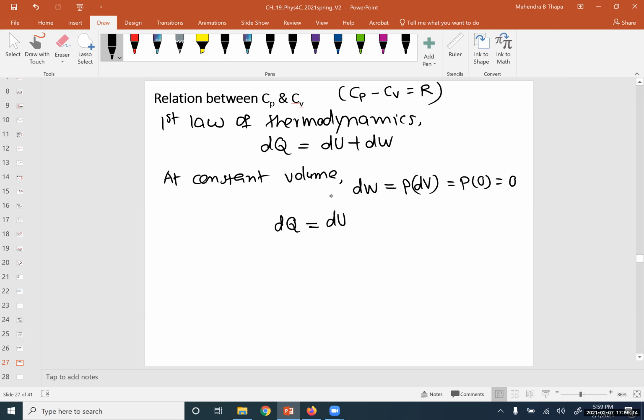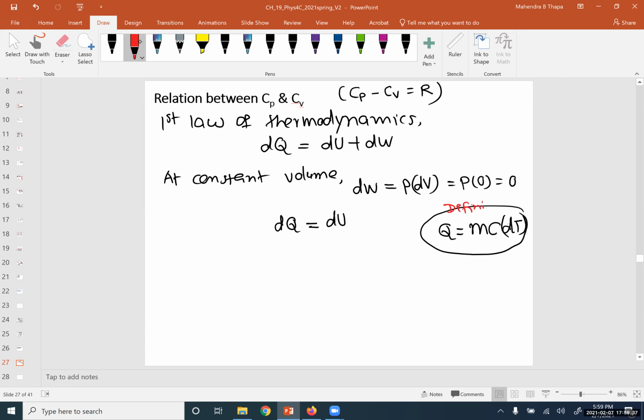As in the previous chapter, we defined the amount of heat supplied Q as equal to m c times the change in temperature, delta T or dT.